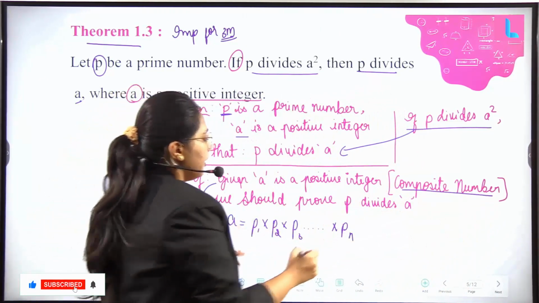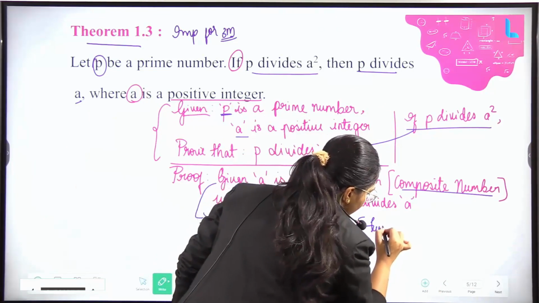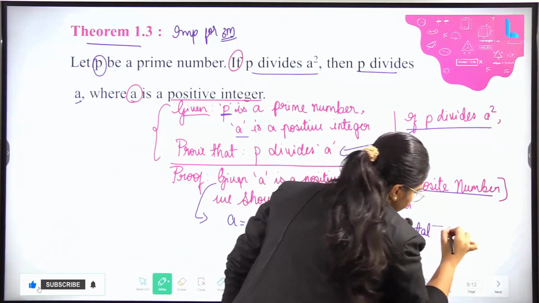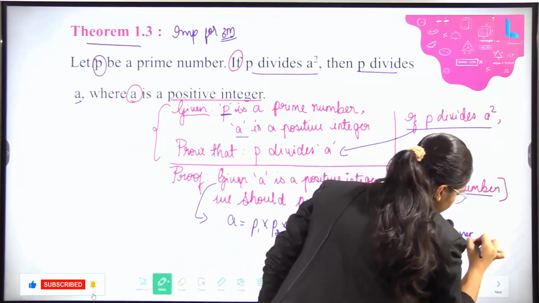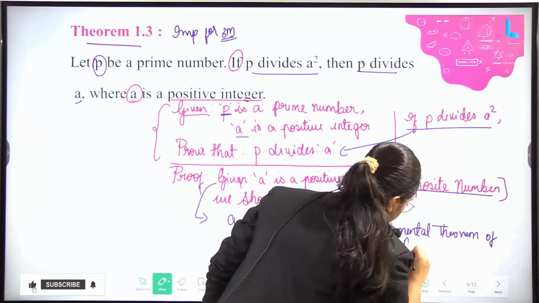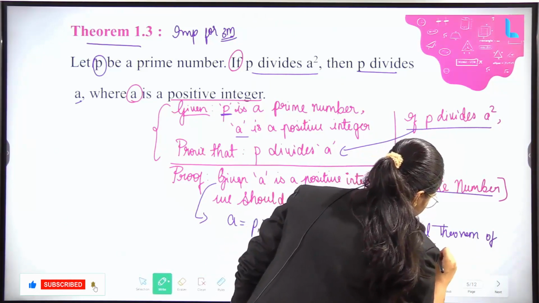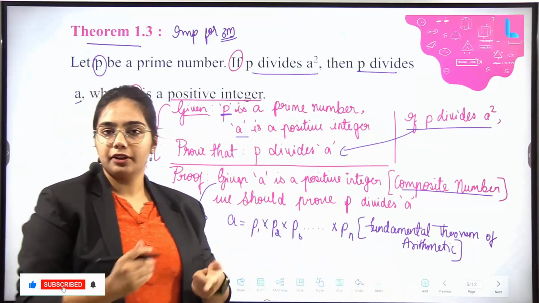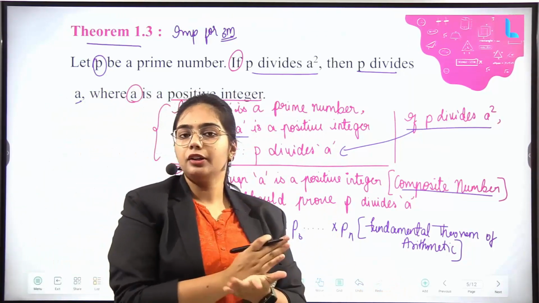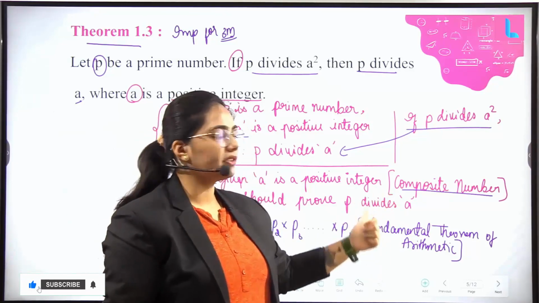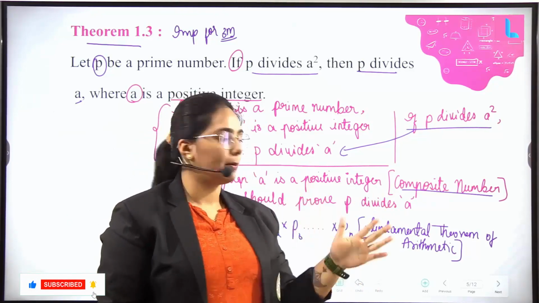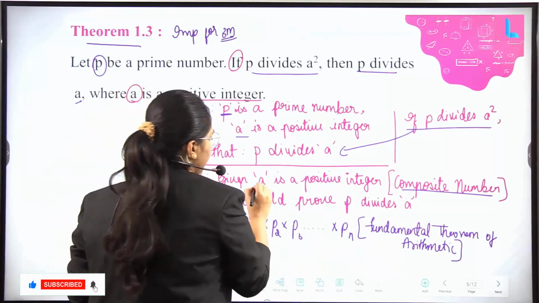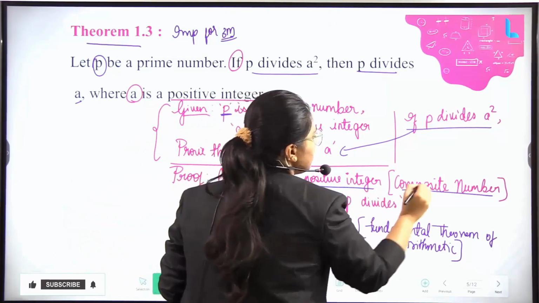So we use the fundamental theorem of arithmetic. What is a composite number according to the fundamental theorem of arithmetic? A composite number can be represented as a product of primes. So here we have taken A as a positive integer, that is a composite number.